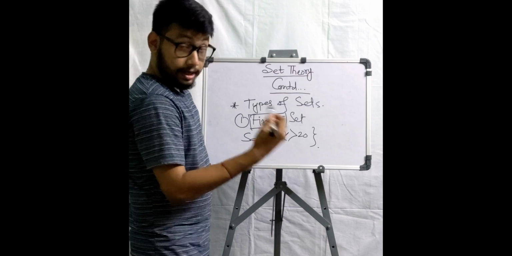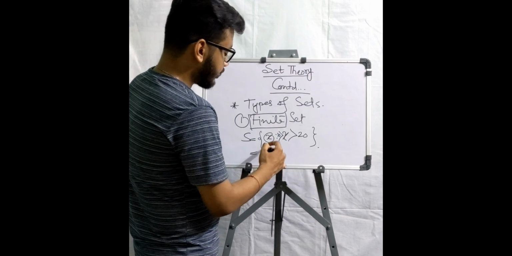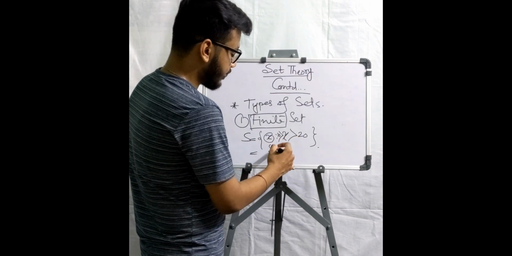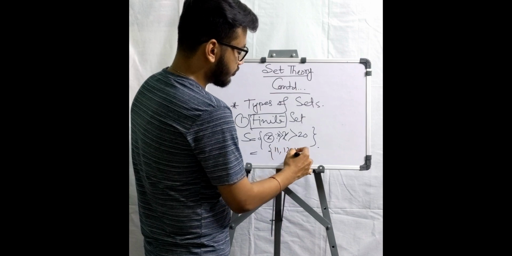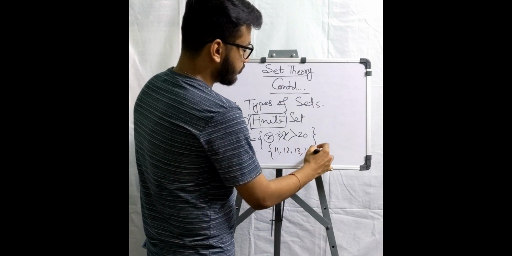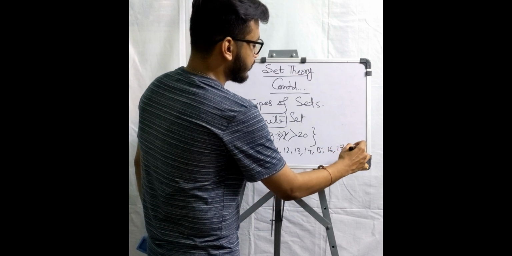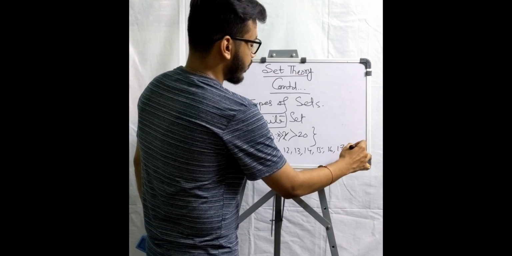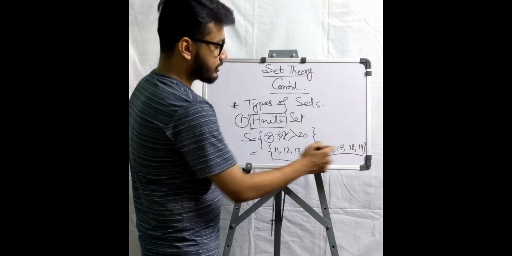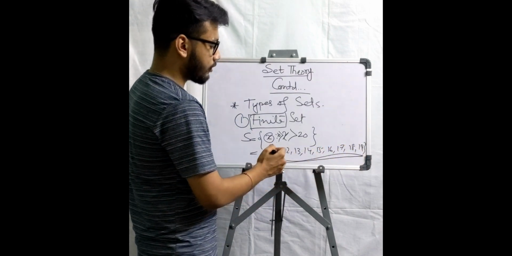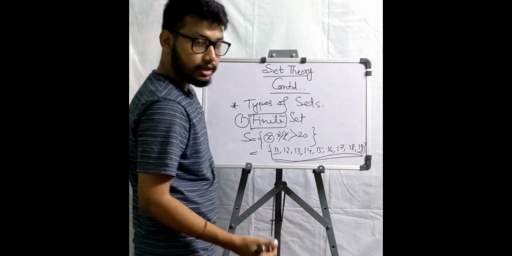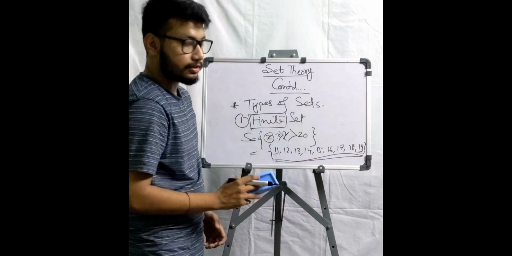This is a finite set. Why? Because if you write it in the roster form, we'll have 11, 12, 13, 14, 15, 16, 17, 18 and 19. You can see that it is definite, starting from 11 and ending at 19. That means it's a finite set.